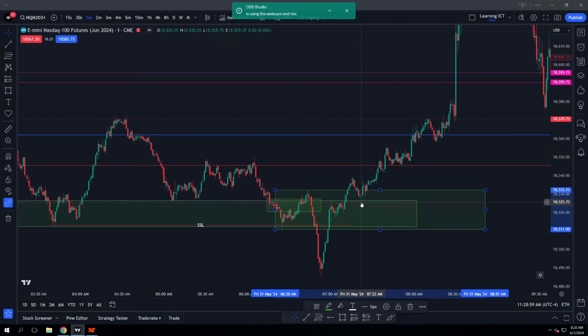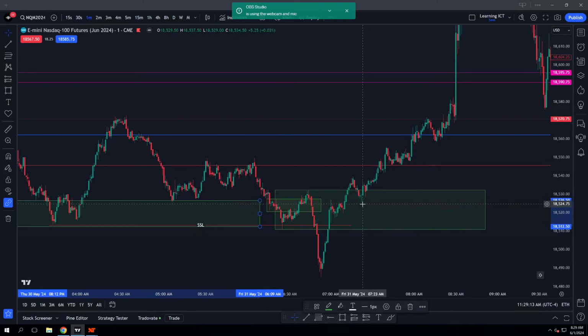I normally put it above because sometimes there's instances that the price would just shoot up without tapping that fair value gap, and it becomes a breakaway fair value gap. So one of my orders got tapped, and my exit was this equal high right here.